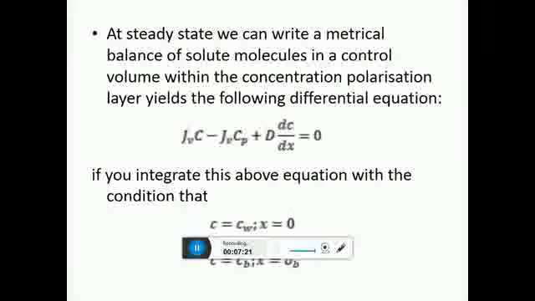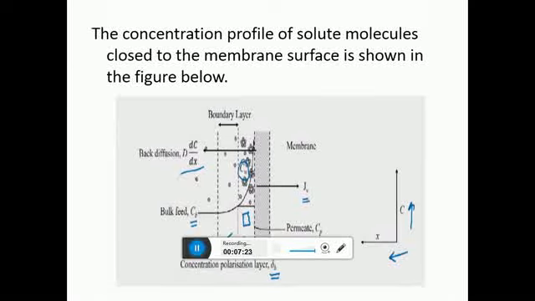Now what happens, see in the diagram, CB is your bulk feed, means the bulk concentration. With time CW will be increasing, because more and more molecules will build up there, but after a certain time it will reach the limiting concentration, that is CW will not increase further.